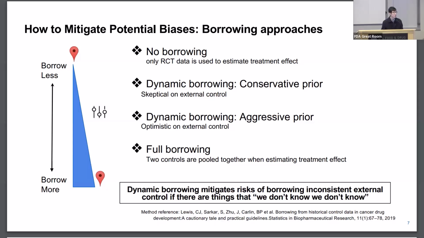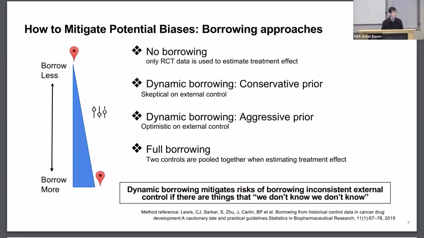At the other extreme, at the bottom, is borrow more, which is the case of full borrowing, where you simply pool the two controls together and estimate the treatment effect. And dynamic borrowing falls between these two extremes, so it belongs to a spectrum.